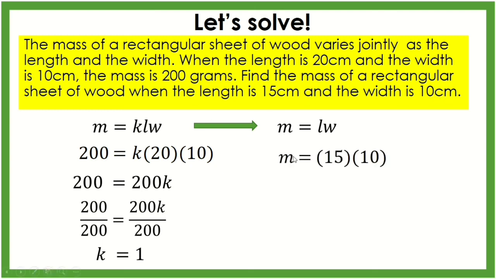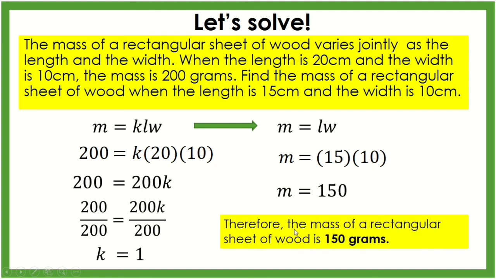We have M equals, L is 15, W is 10. Multiply 15 and 10, the product is 150. Therefore, the mass of a rectangular sheet of wood is 150 grams.